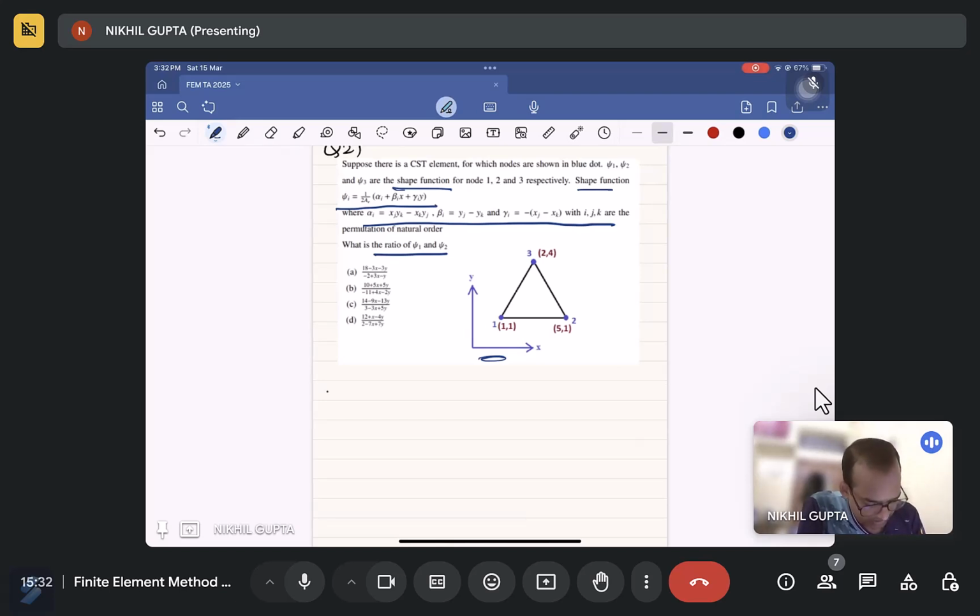So xi I is given as 1 upon 2 AE times alpha I plus beta I x plus gamma I y.